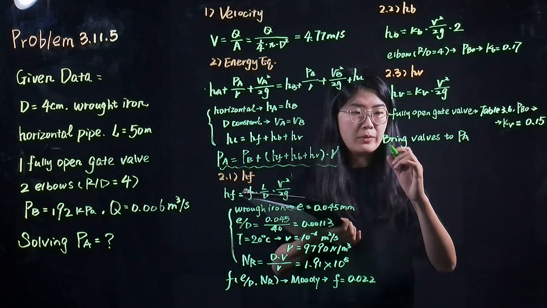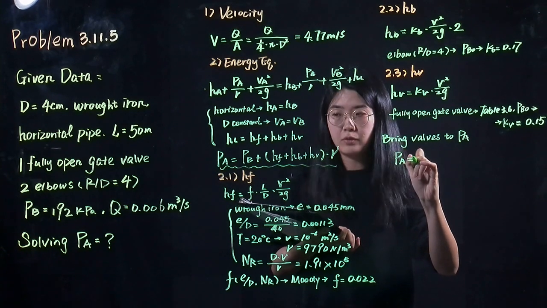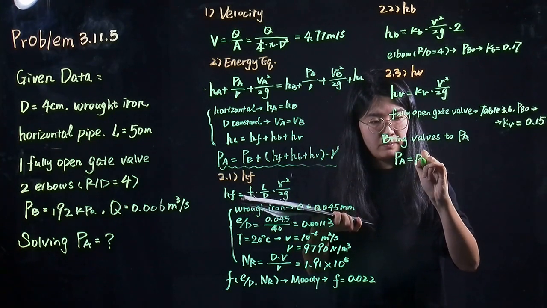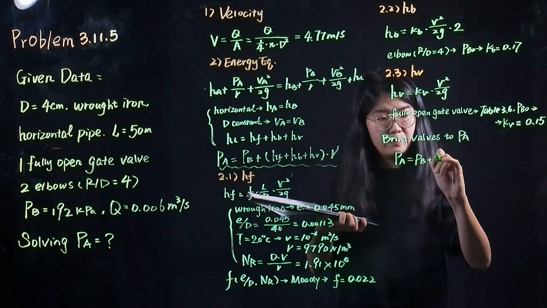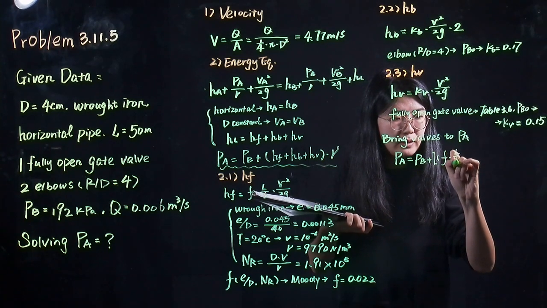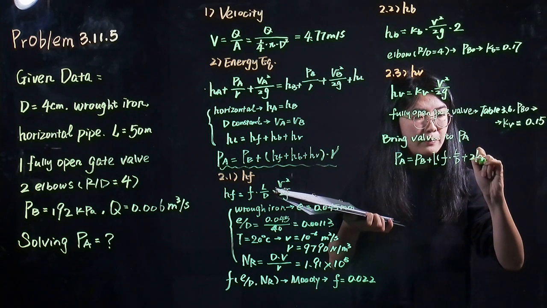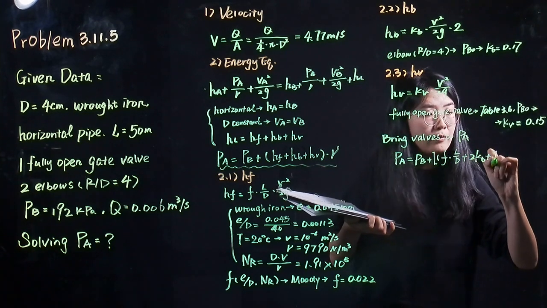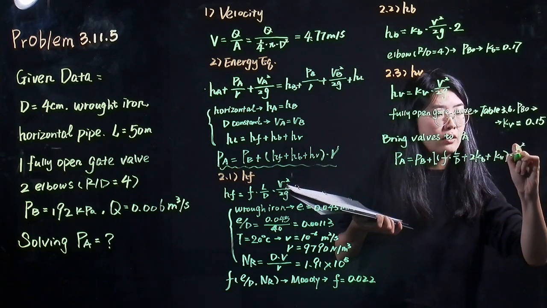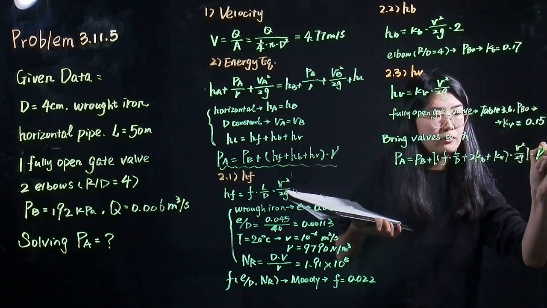So we can rewrite this equation like pressure A is equal to pressure B plus F times L over D plus 2KB plus KV, times V squared over 2G, and then times the specific weight of water.